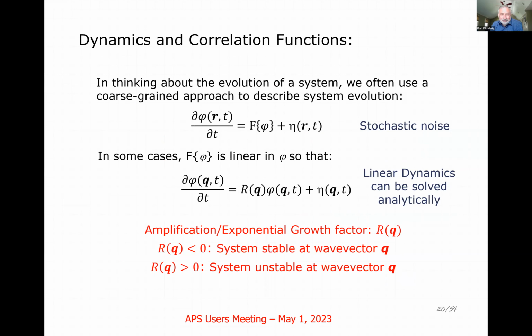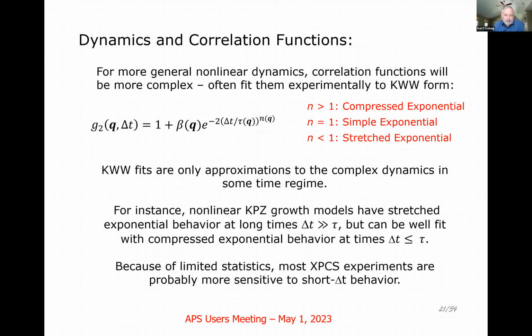A linear theory is simply a theory that says that the rate of change of whatever coarse-grained parameter you have with time is equal to some function that is linear in that coarse-grained order parameter. And for this nanopatterning process, that coarse-grained order parameter is simply the coarse-grained local height, plus some stochastic noise. And the nice thing about a linear theory is that it can be solved analytically, and in fact, it basically predicts an exponential relaxation.